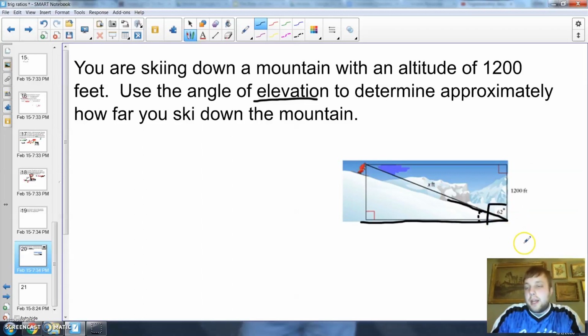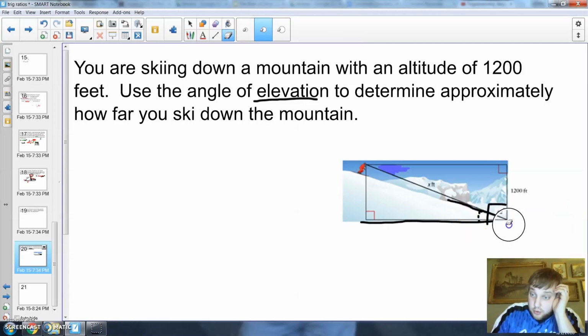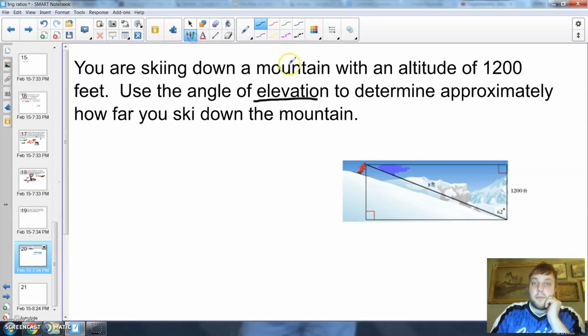So if 62 is here, what is this angle of elevation? If that's 62, this one must be 28, right? That must be 28 degrees right here. That is my angle of elevation.